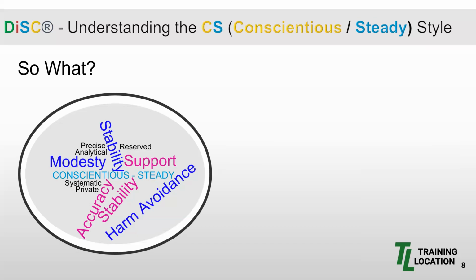However, there is less of a tendency for them to get bored with routine compared to other styles. This can be a challenge for the CS when major change, for example, is facing a work group or an organization. This lesson today can help the CS to increase their effectiveness by accepting and understanding their style, then incorporating what they know about other styles toward improved communication.